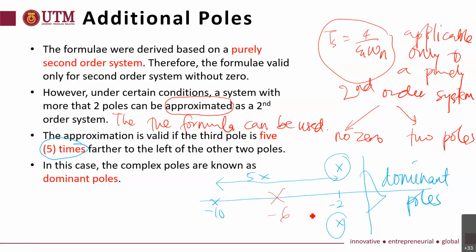You need to understand this because this will be used in designing PID controllers using root locus. We should ensure that the third pole is 5 times farther than the dominant poles, so that the second order approximation can be used.